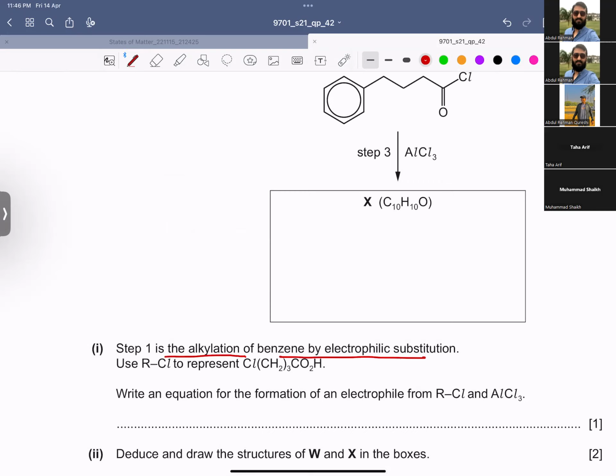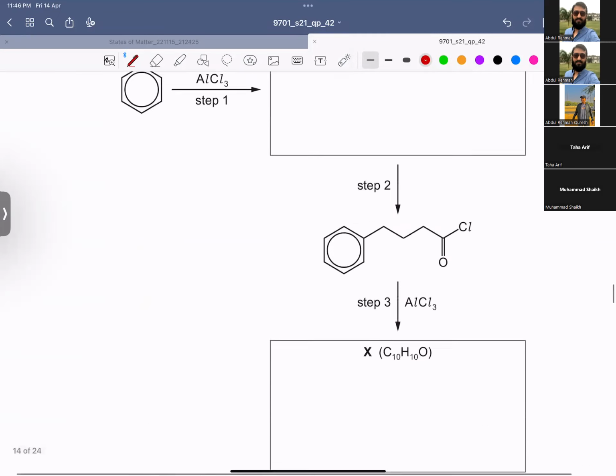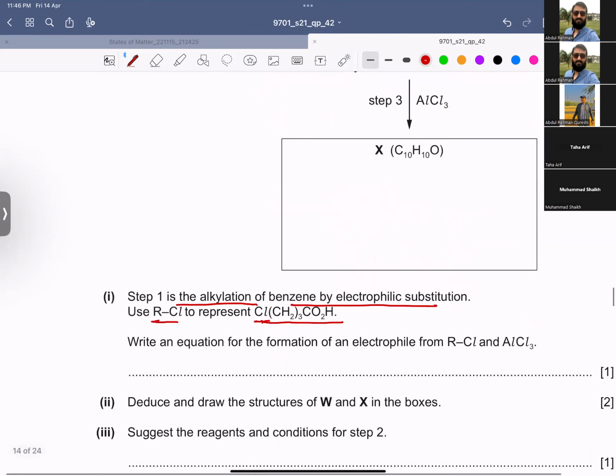So they have mentioned that it is an alkylation. Use RCl to represent this. Write an equation for the formation of an electrophile from RCl and AlCl3.